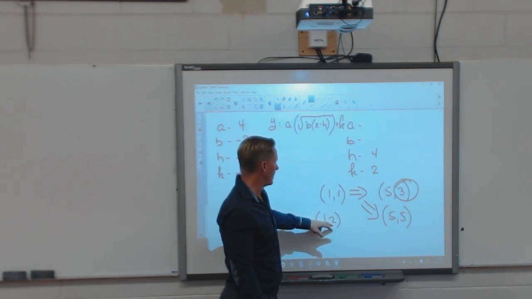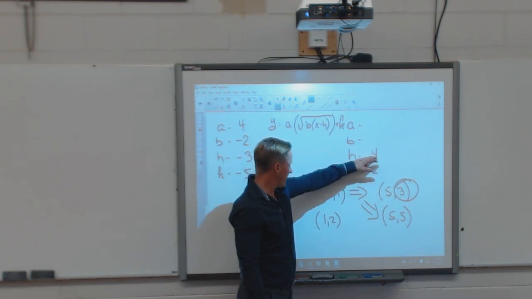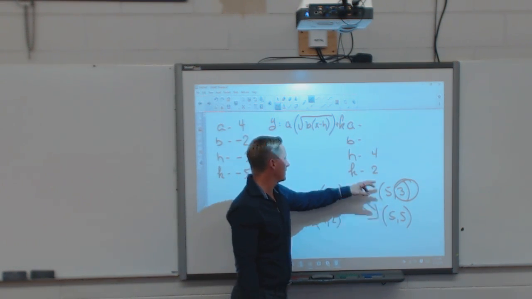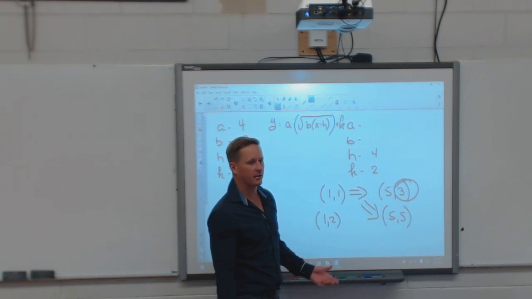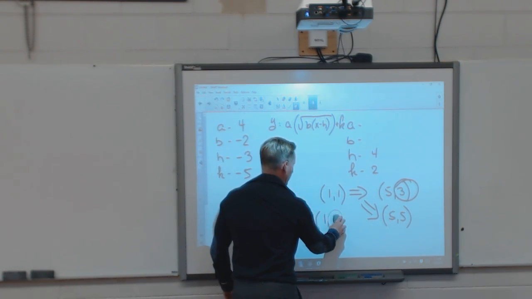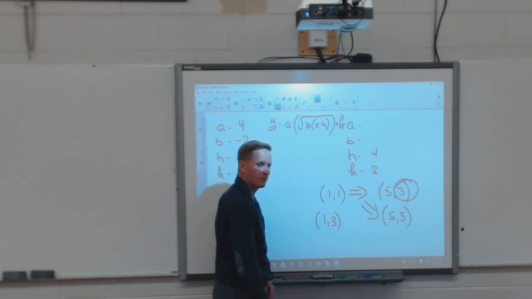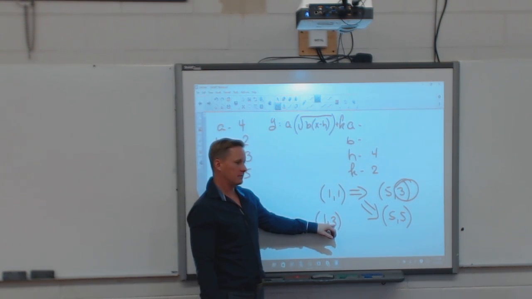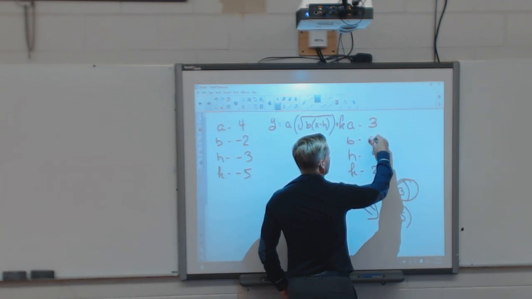Now move it 4 right and 2 up. So 4 right is 5, which is what I wanted, and 2 up is only 4, so that doesn't work, right? So what is my a value then? Let's try 3. Move it 2 up. Where does it get you to? Gets you to 5, right?